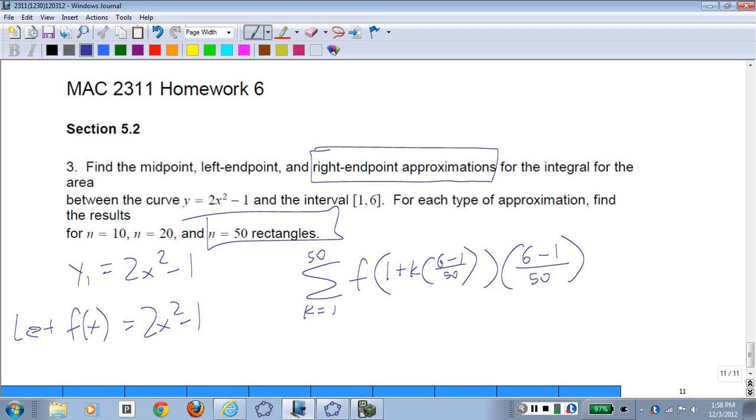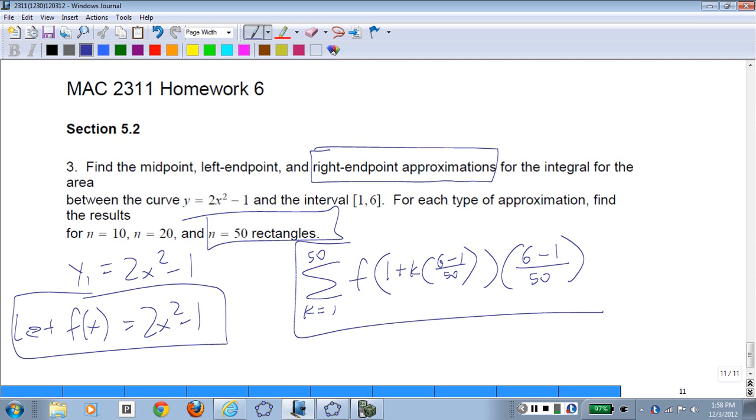So what I want to see on your paper is this, and this, and then what you want to do is get your calculator to evaluate that. It's just a matter of how to get your calculator to evaluate that. You can store 50 in n using the STO button on the calculator, or you can just put a 50 there.